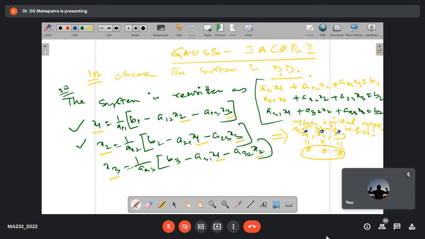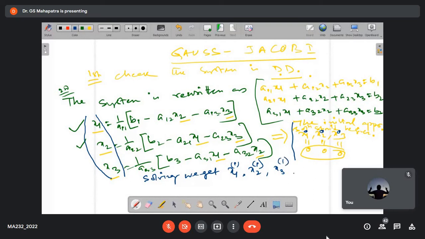Now if you input all this initial approximation, you will get one set of solution, the next set of solution. After solving, we get x1 1, x2 1, x3 1.